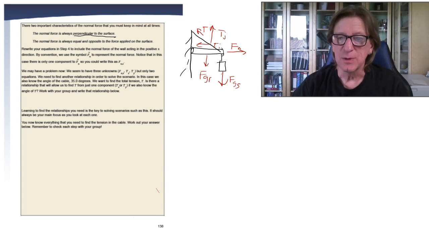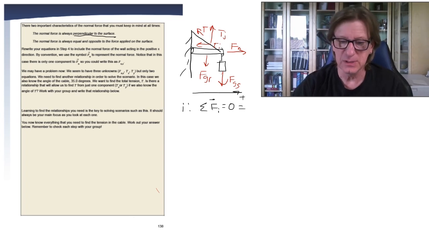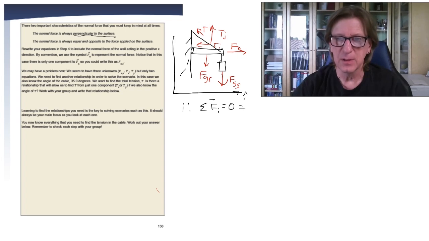All right, so you should have gotten for the I hat component, we now have the sum of the forces in the I hat direction must equal 0, which must equal now the tension is, redraw our coordinate system here. Oops, that's going to be I hat. And this is going to be my J hat here. All right, so the normal force is going to be in the positive I hat direction.